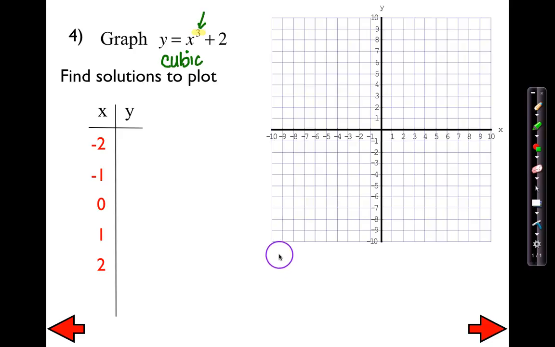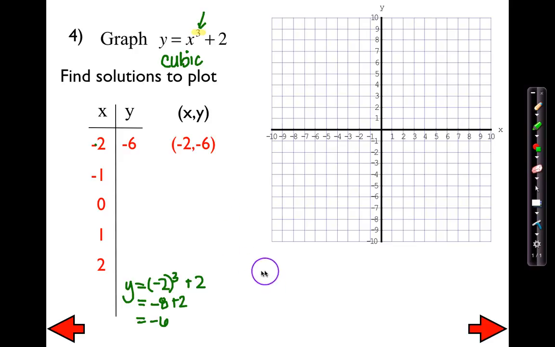So first things first, let's go ahead and plug in the value. So y equals, instead of x, I'm going to put -2. We're going to cube this number and then add 2. -2 cubed is -8. So you're going to add 2, which is going to leave you with -6. So your ordered pair is -2, -6.